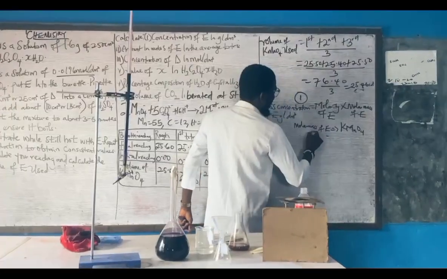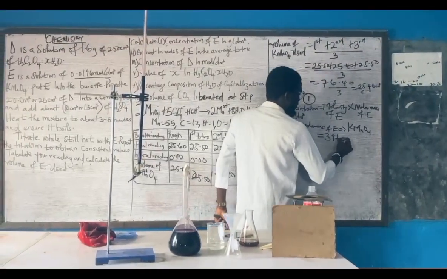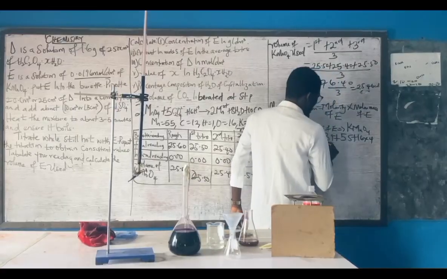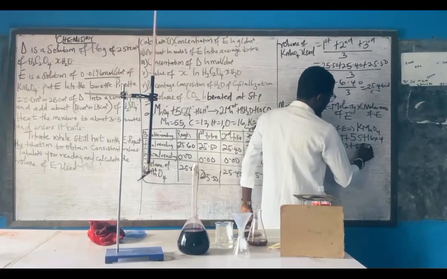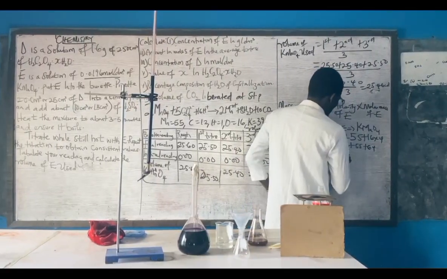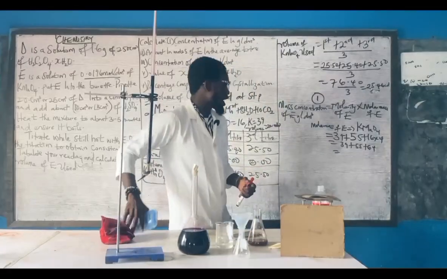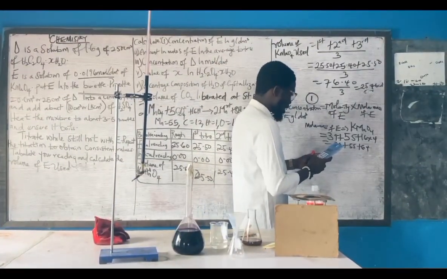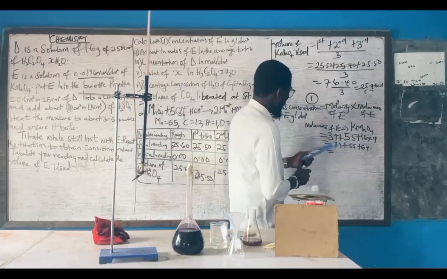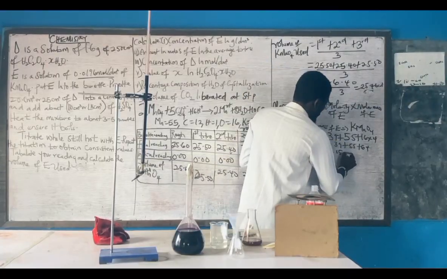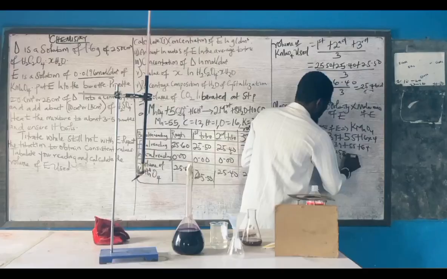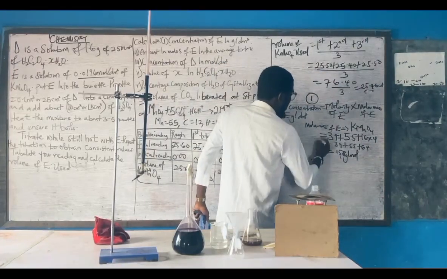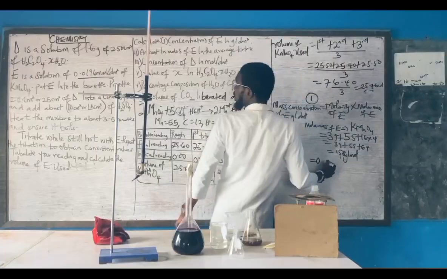Our potassium as given on the whiteboard is 39 plus 55 plus 16 times 4. That will give us 39 plus 55 plus 64. So I have 158 gram per mole.